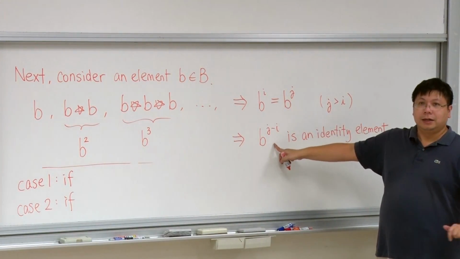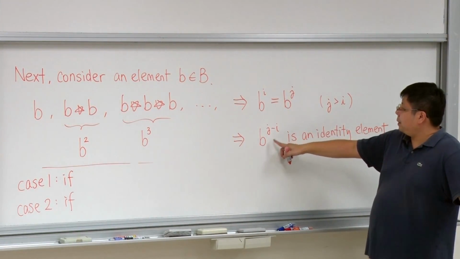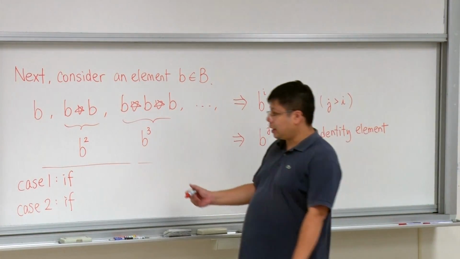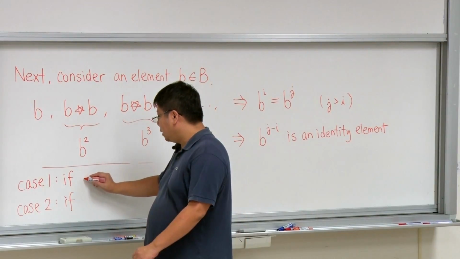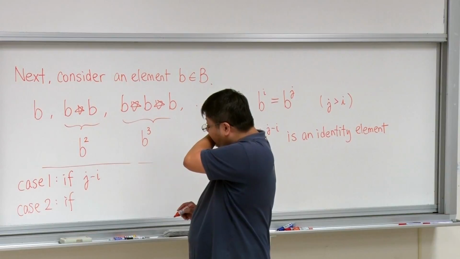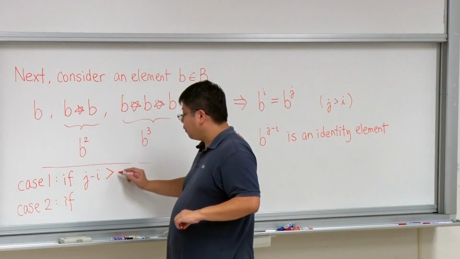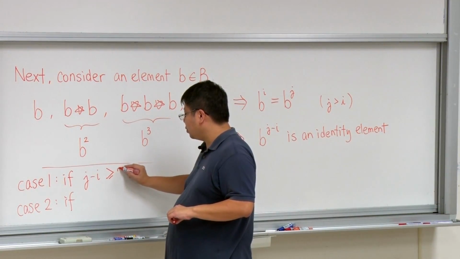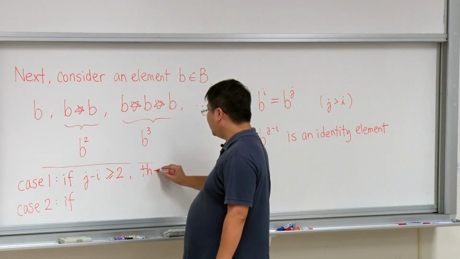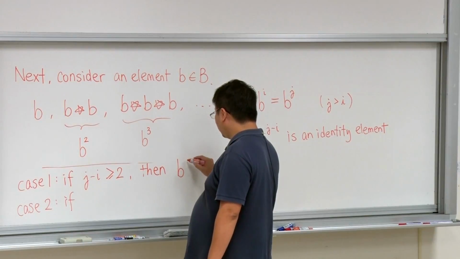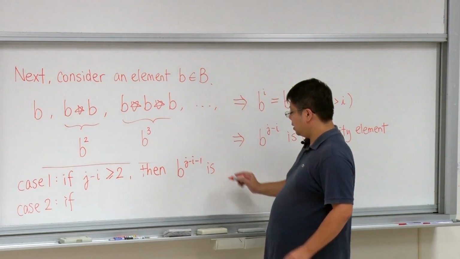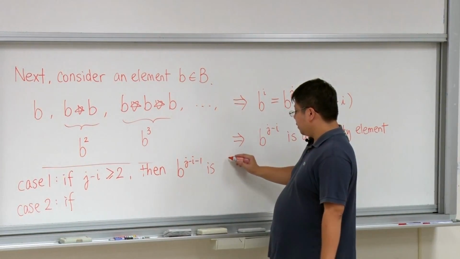So here we have just discovered that b to the power j minus i is the identity. So let's take a look at the value of j minus i. If the value of j minus i is greater than or equal to 2, then b to the power j minus i minus 1 is the inverse of b.